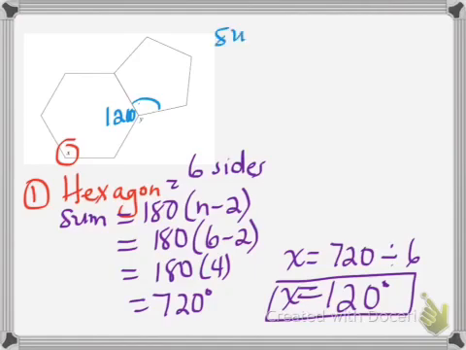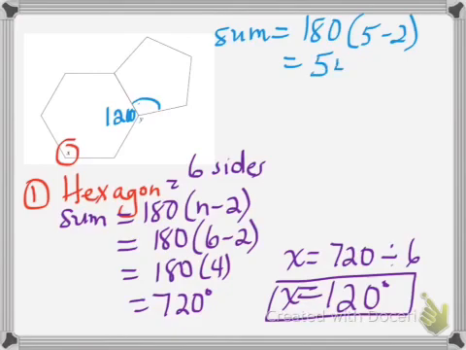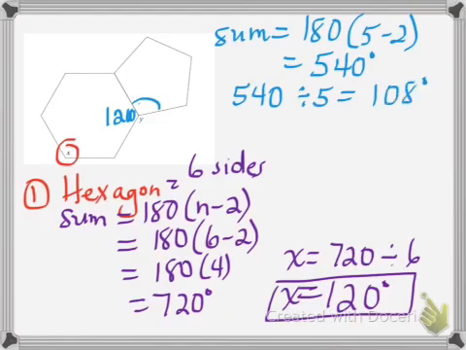So the sum of the angles in a pentagon is 180 times 5 subtract 2, which is 180 times 3, which I will just take the shortcut and figure out that it's 540 degrees. 540 divided by 5 equal angles is equal to 108 degrees. So now what we just found here is that the inside angle of a pentagon is 108 degrees.